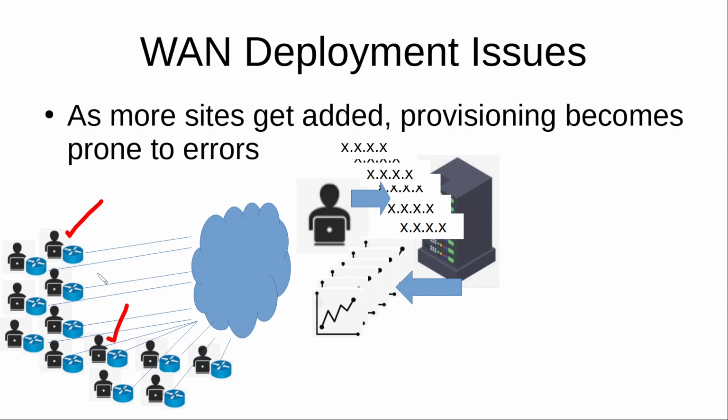So you will start having different configurations in your wide area network. And what happens if these engineers that are provisioning these new IP addresses in all your servers forget to add one address, or forget to check if one address is generating statistics correctly? You will start running into operational problems.